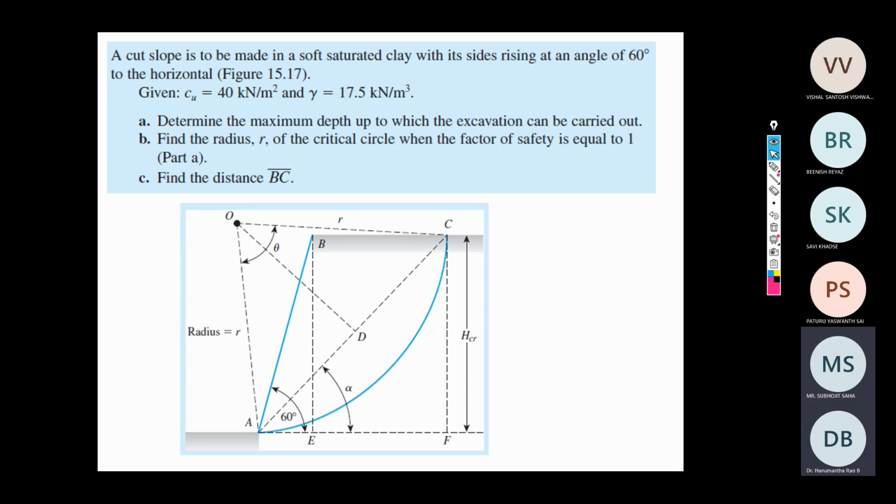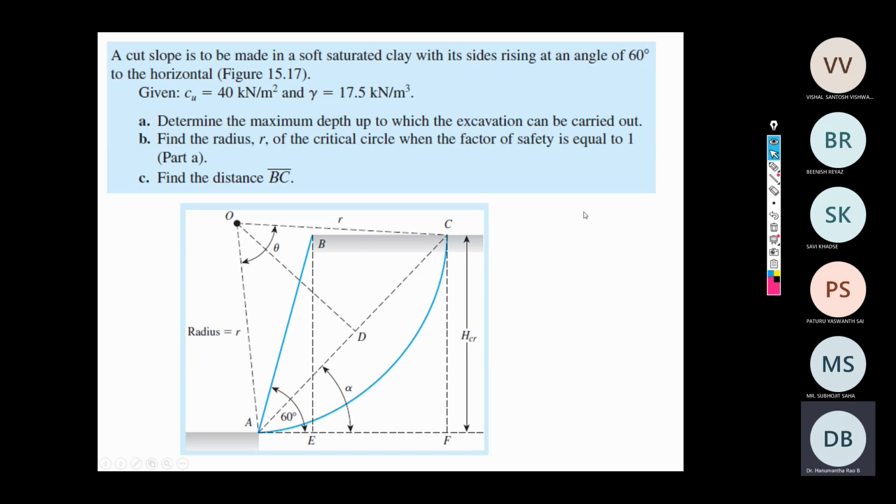That is true. In fact, under submerged condition, you may not be taking c dash and phi dash exactly; you have to take the undrained condition. Yes, that is true.